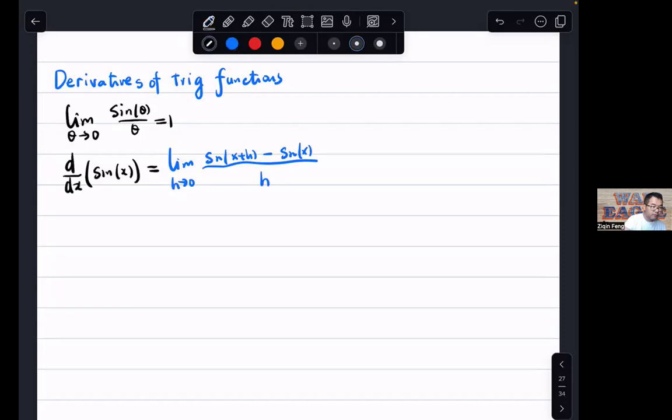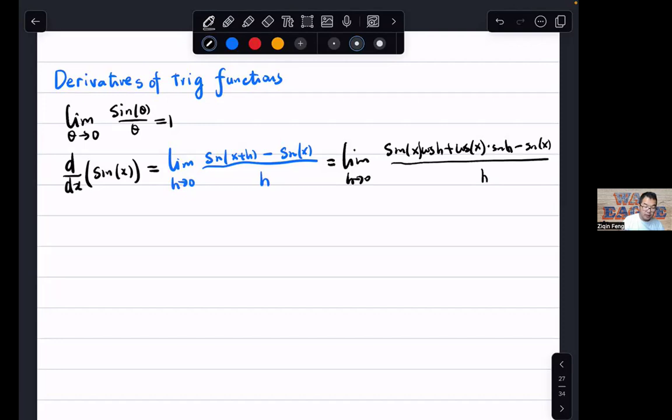And so this is equal to, as h goes to 0, sine of x cosine of h plus cosine of x sine of h minus sine of x, over h. Okay, now we are good.